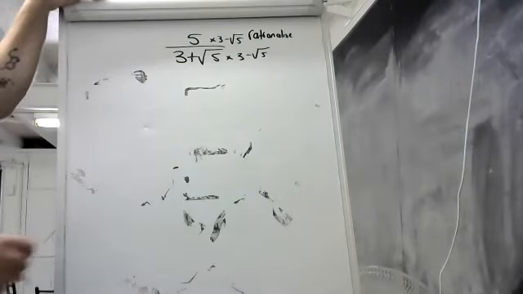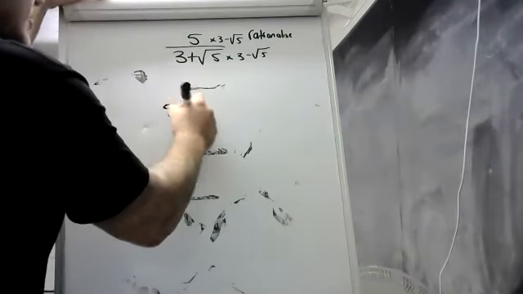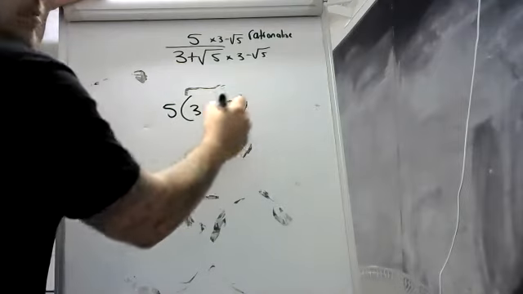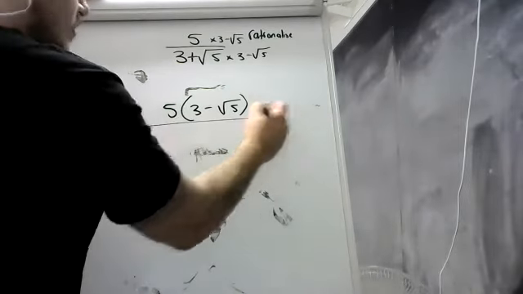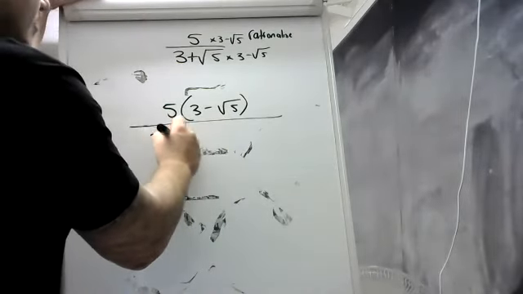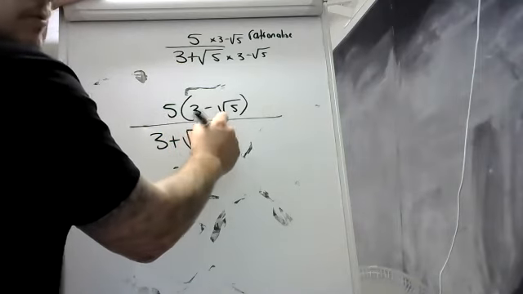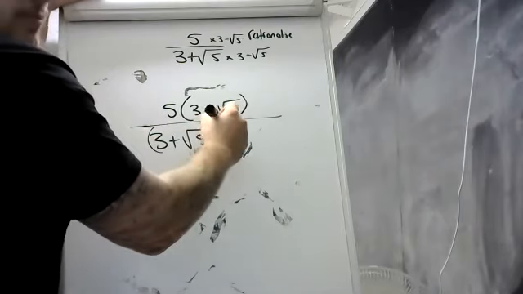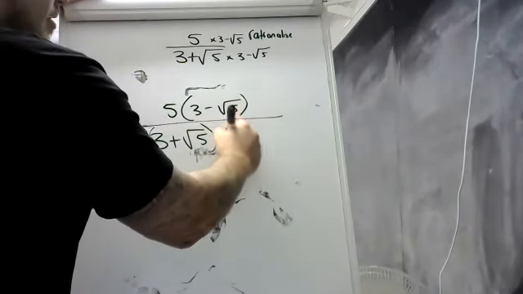Yeah, and then you'd get 15. So the next line we'd have 5 times 3 minus the square root of 5 over 3 plus the square root of 5 times 3 minus the square root of 5.